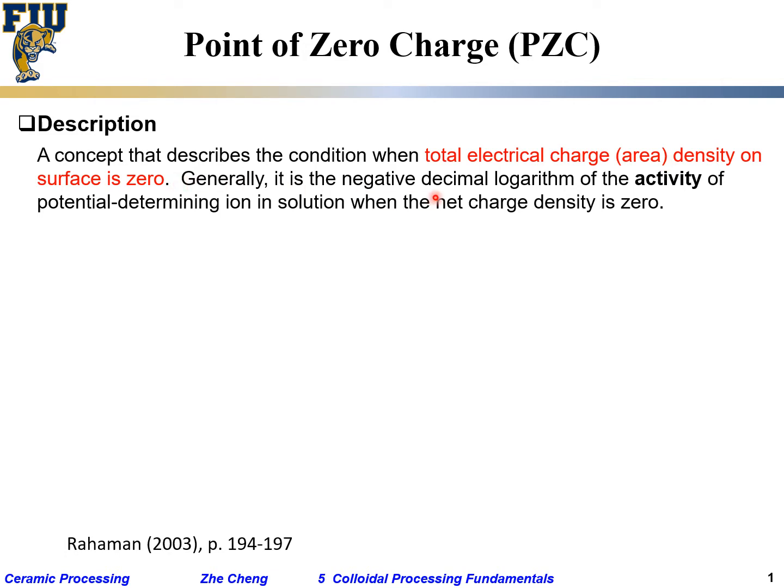It's given as the negative decimal logarithm of the activity of the potential determining ion in the solution when the net charge density, area density, is 0.